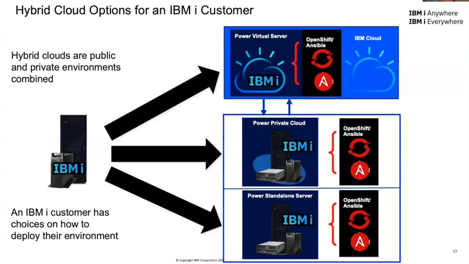Whether you're running at the bottom on a standalone server, in a private cloud environment where we let you run a cloud on-prem in cloud-like mode and charge you just for the usage of what you need, or completely off-prem with all or part of your application in a cloud, it's exactly the same IBM i. We don't have a subset. We don't have a light version. It's i. You get the database, the security, all the pieces that you know and love.